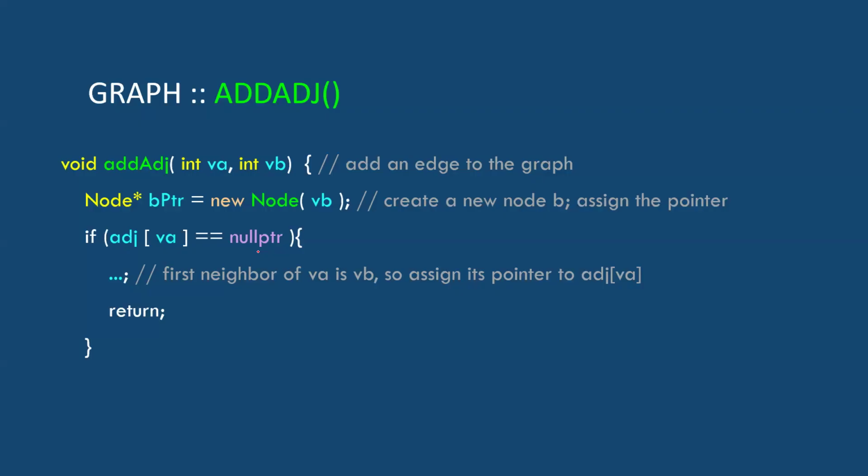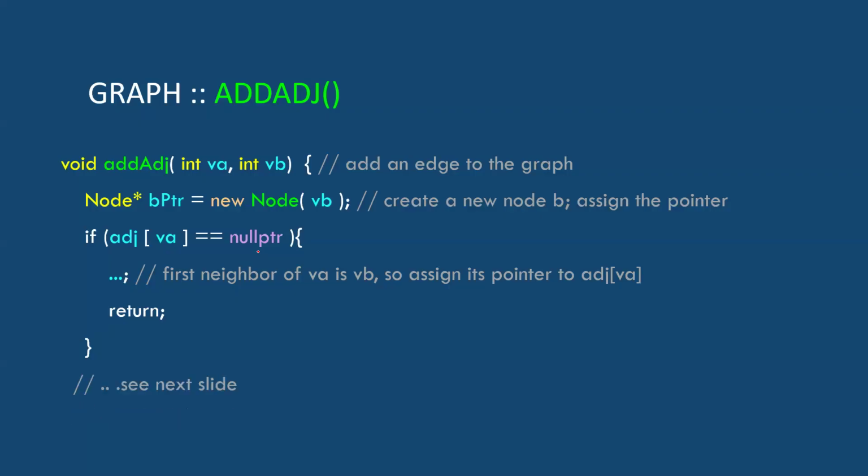If adjacency at position 0 equaled null, then we don't have any neighbors yet. So let's just hook it up, right? Now we don't want to have multiple adjacencies to the same VB. So if it's not null, we've got to do like you're doing in your symbol table right now and search the whole linked list to make sure there's not a VB there already.